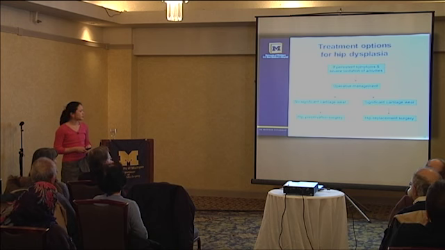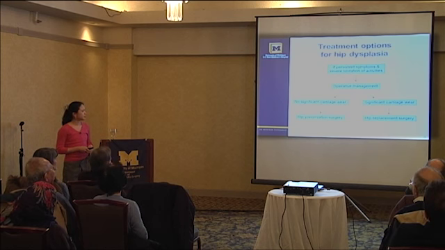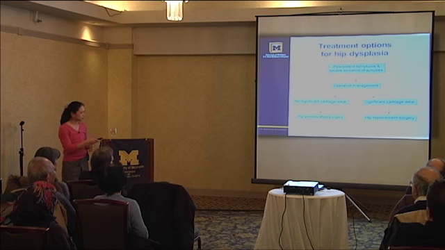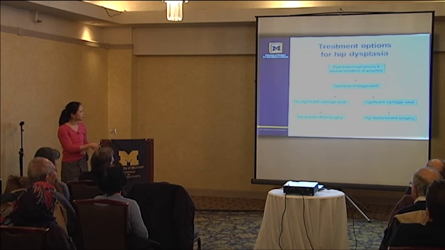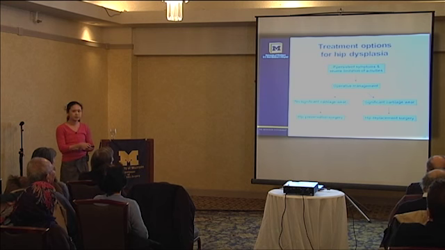The type of operative management depends on the condition of the cartilage in the hip joint. If there is no significant cartilage wear, then the treatment of choice is hip preservation surgery. If there is significant cartilage wear, then hip replacement surgery is the best option. Today we're going to focus on hip preservation surgery.